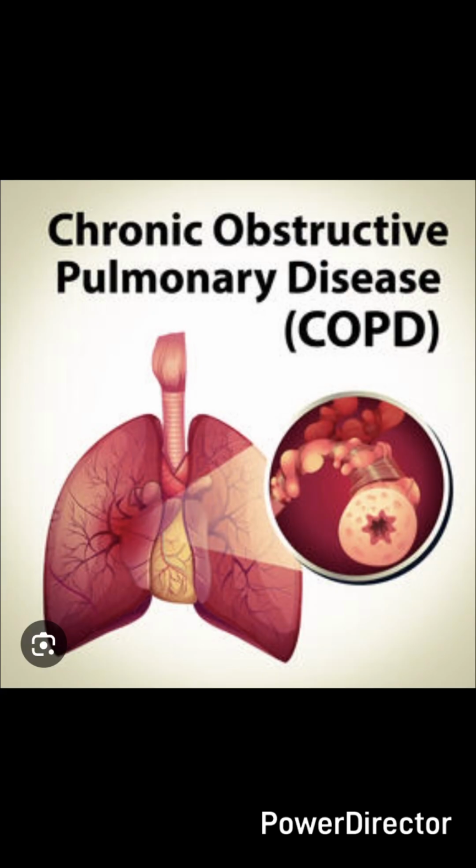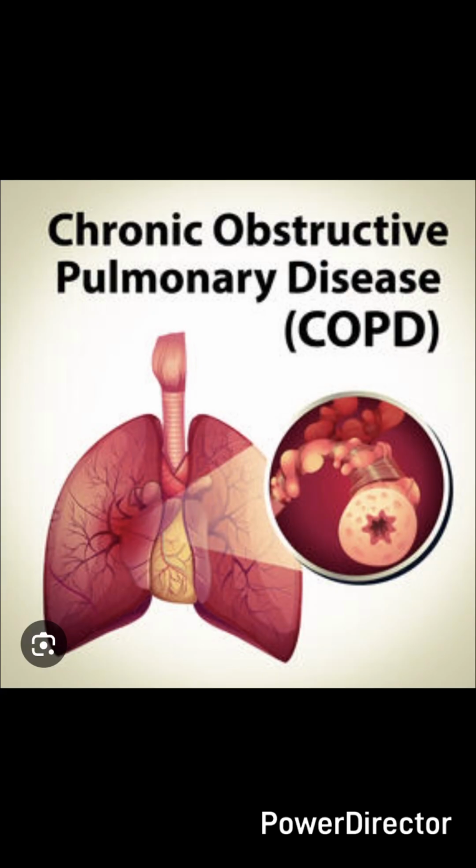Classification of confirmed COPD. Classify the patient's symptoms according to the Modified Medical Research Council Dyspnea Scale to identify the appropriate treatment. MMRC classification. Symptoms. MMRC 0, dyspnea only with strenuous exercise. MMRC 1, dyspnea when hurrying or walking up a slight hill.